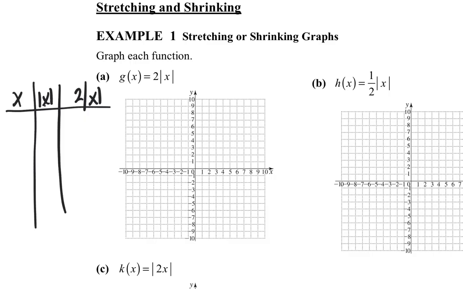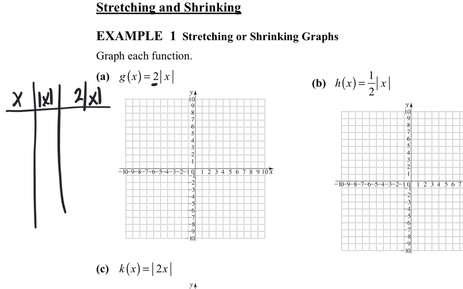When you have a number outside of the function, that is going to do something to the y-axis, okay? So when it is outside the function, it's going to affect your y-axis. If it was inside the function, then it would affect the x-axis.